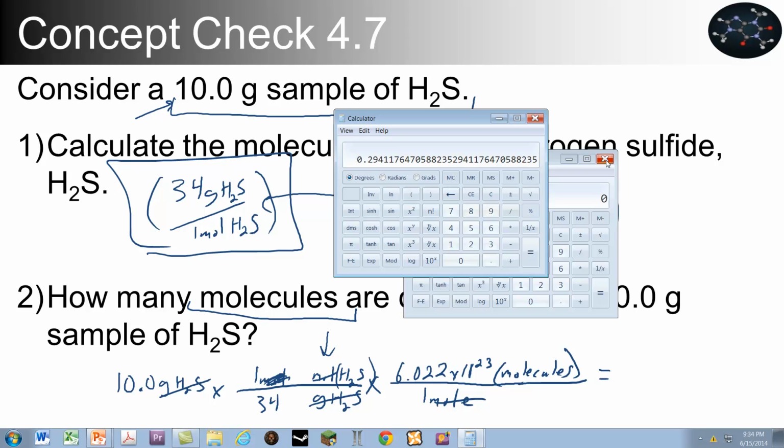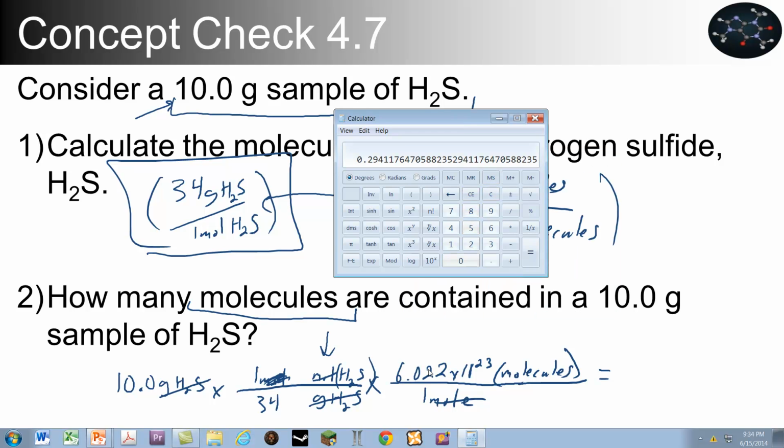Now we take this and we multiply it by 6.022 times 10 to the power of, here's the EXP key, that takes the place of times 10 to the power of 23. And we get, wow, a really big number. Really? It couldn't display that in scientific notation for us? That was rude.